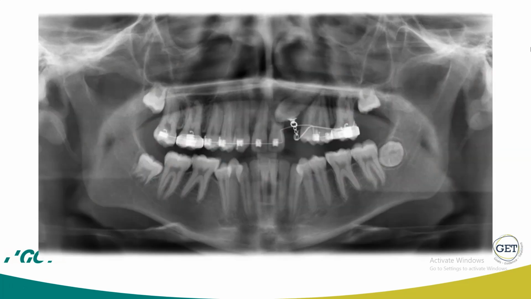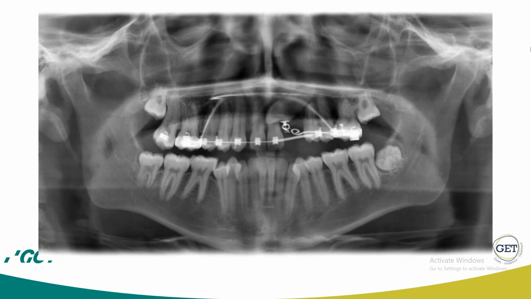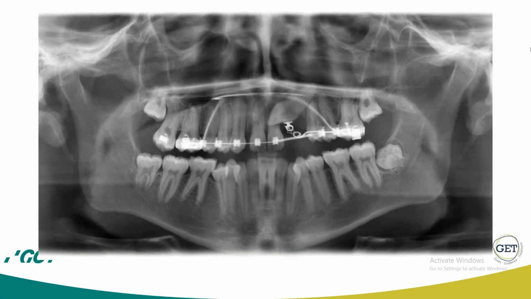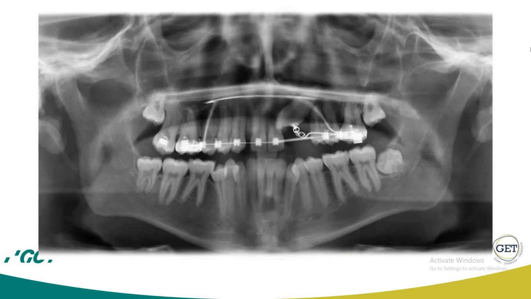Now see what happened. From the cantilever activated downwards, we have this, and look, the canine keeps going forward to the midline, more and more, up to when we start to correct it, but it has already resorbed part of the root of the central incisor.